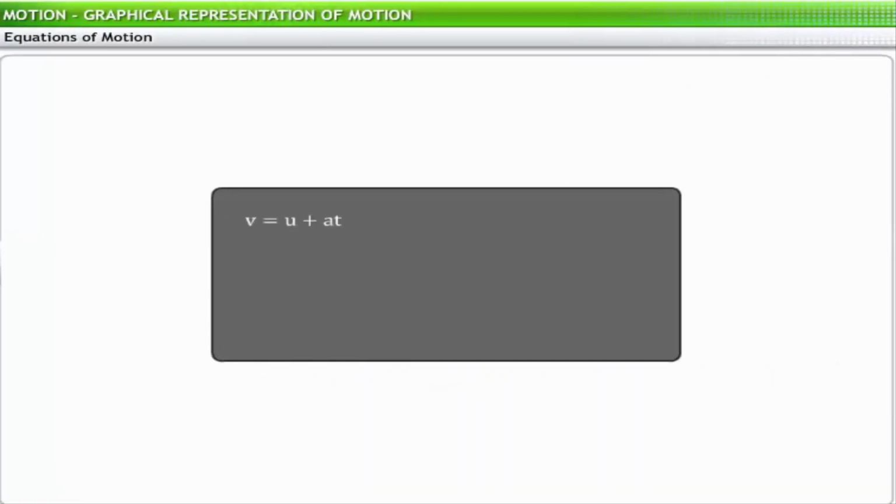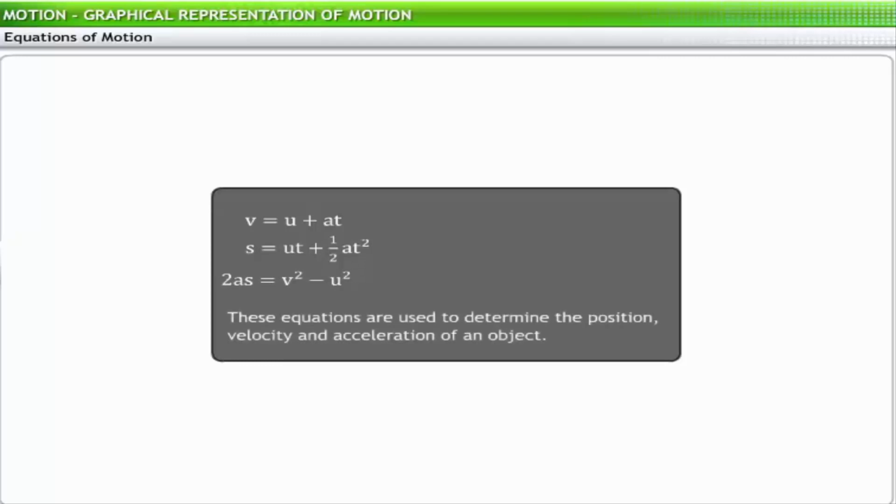V is equal to U plus AT. S is equal to UT plus half AT square. 2AS is equal to V square minus U square. These equations are used to determine the position, velocity, and acceleration of an object.